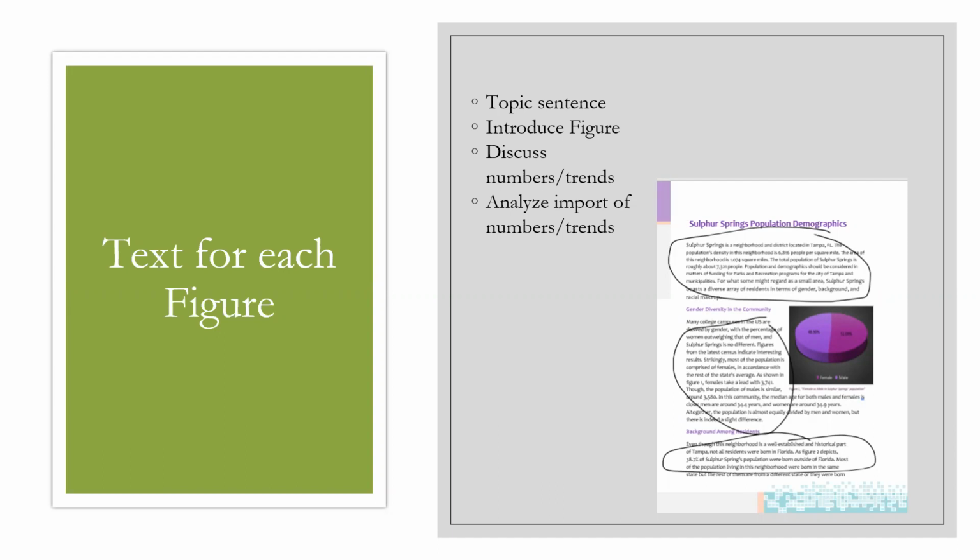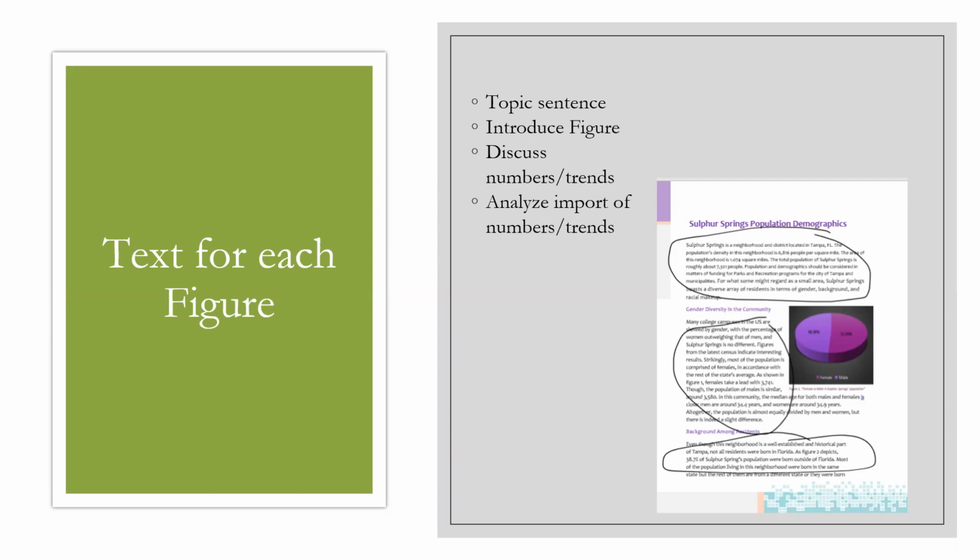Analyze the import of the numbers to close out this paragraph, meaning what do the stats or the text-based data mean in a larger context? What can you infer about the data that your stakeholder, your boss might find interesting?